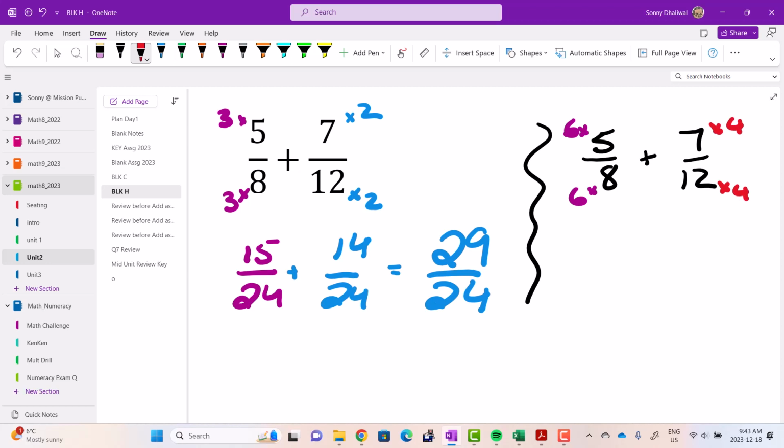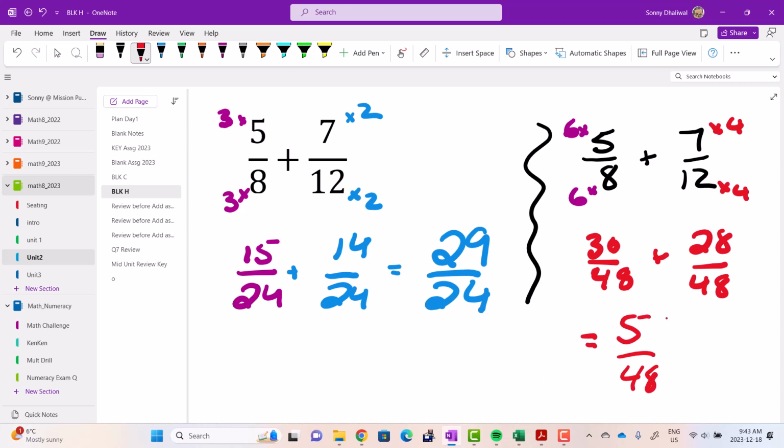And I get 30 over 48 plus 28 over 48. And I need to add those numbers together. Right? And we get the bottom stays the same. We're adding bigger numbers. We get 58 on the top.